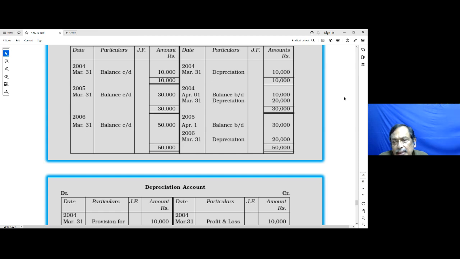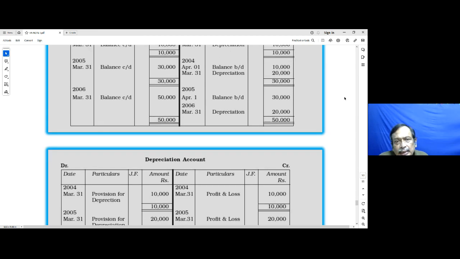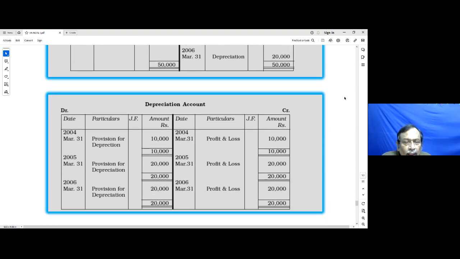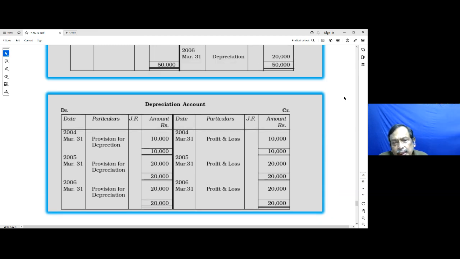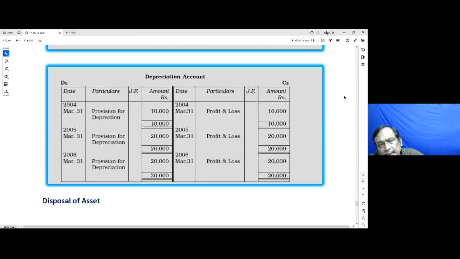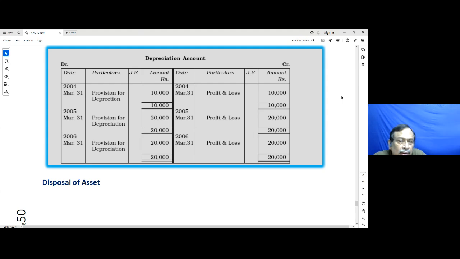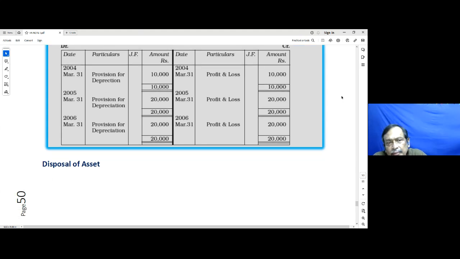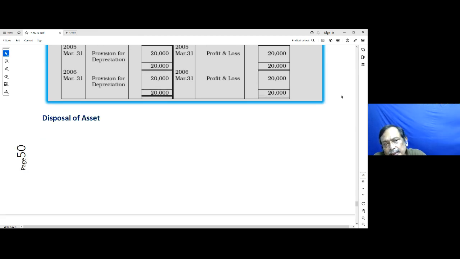Then again by balance brought down 30,000, depreciation for the year 20,000, so to balance carried down 50,000. In the depreciation account, we'll have provision for depreciation 10,000, by P&L 10,000, then to provision for depreciation 20,000, by profit and loss 20,000, and again 20,000 each, like that.